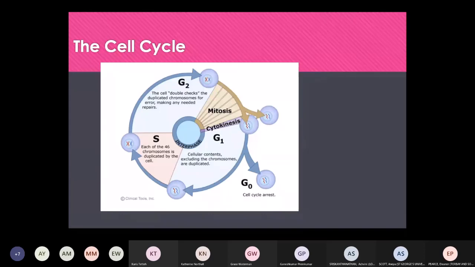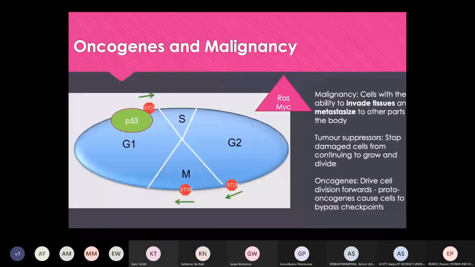You've got G0 after mitosis, where cells go into a dormant stage and the cell cycle arrests. And then how does that affect cancer? So you've got your cell cycle here, a slightly different diagram, except this time you can see your checkpoints. Particularly the one at the end of G1, P53, is a really important tumor suppressor gene.